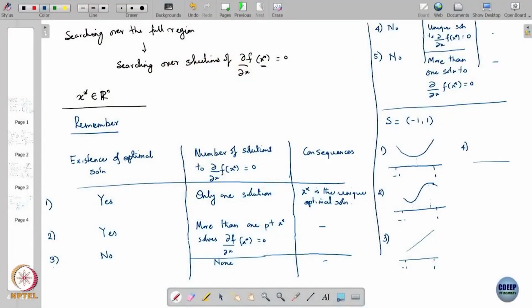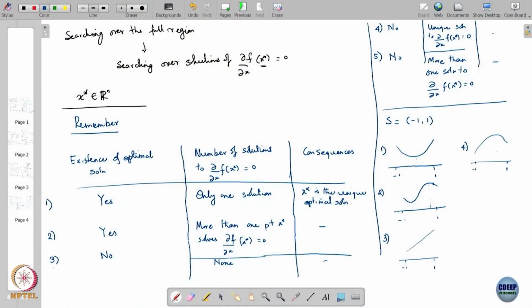Let's look at case 4. This is actually a very tricky case, because here you have a unique solution to the equation that the derivative is equal to 0, but there is no guarantee that an optimal solution exists. What does that look like? Just invert figure 1, and look at this sort of figure.